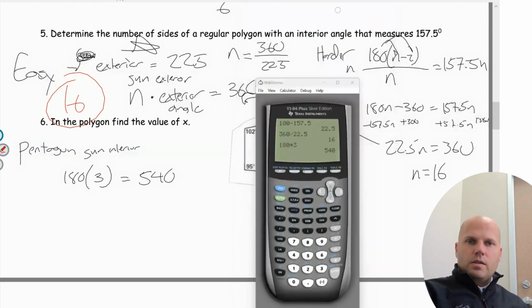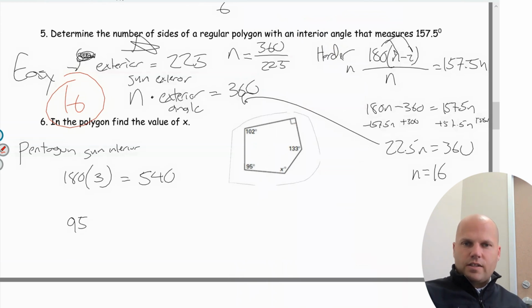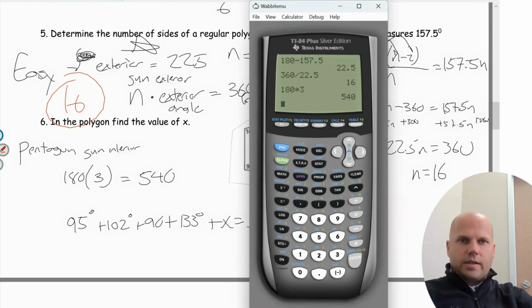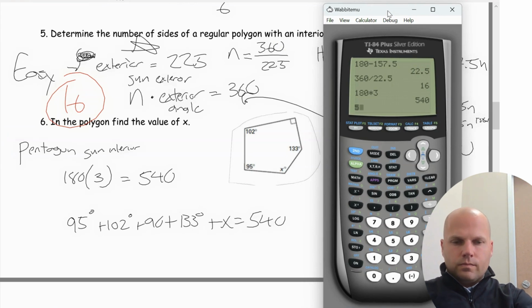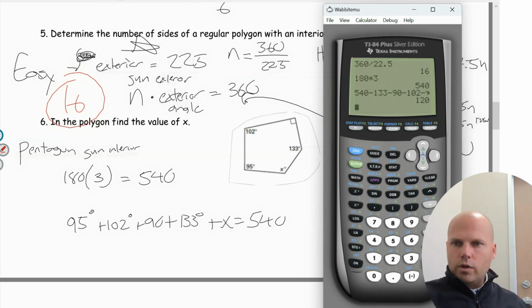Oh, that means the sum of all my angles has to equal that. So I'll just subtract. 120.